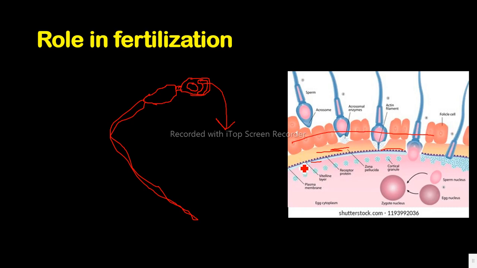So the head easily penetrates through the corona radiata. Actually, all sperm cells can easily penetrate through this corona radiata layer. But this zona pellucida layer, sperm cells cannot penetrate.